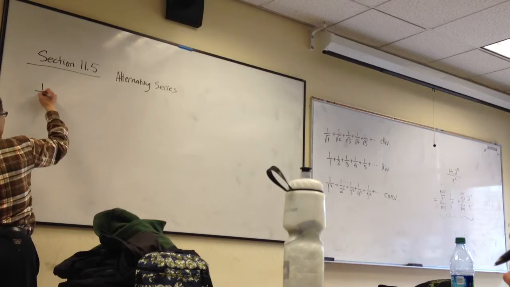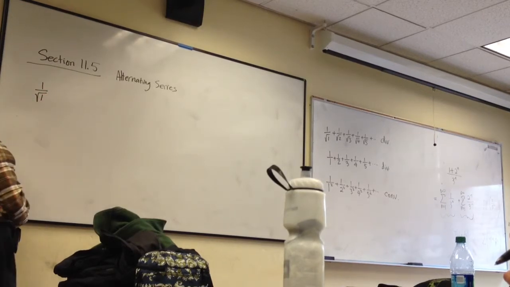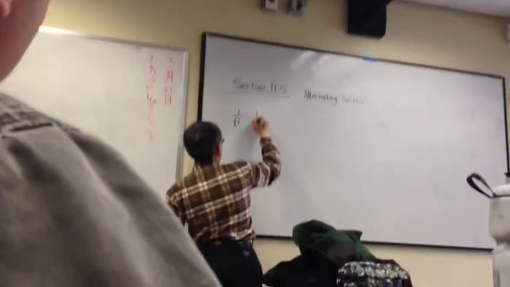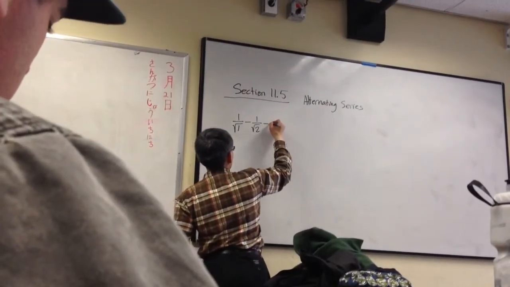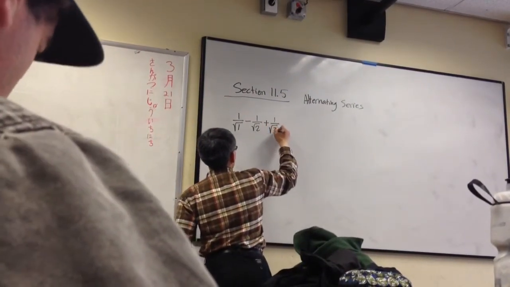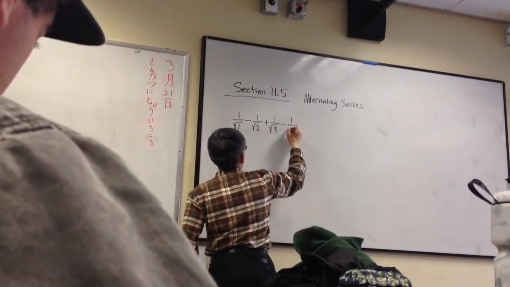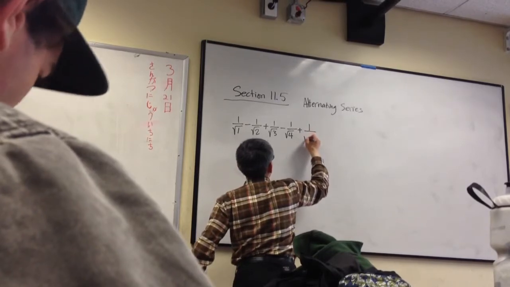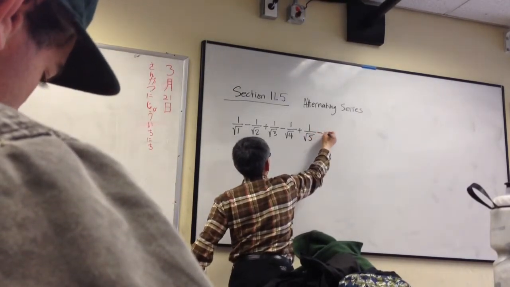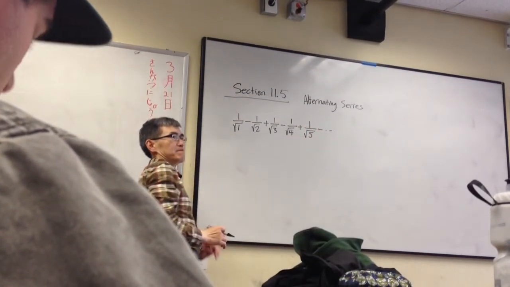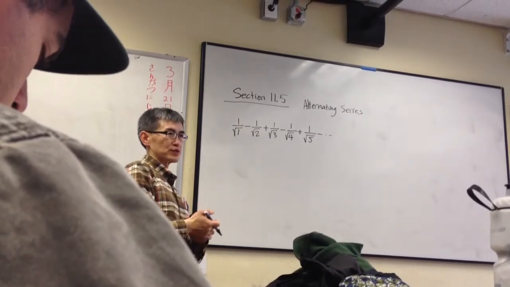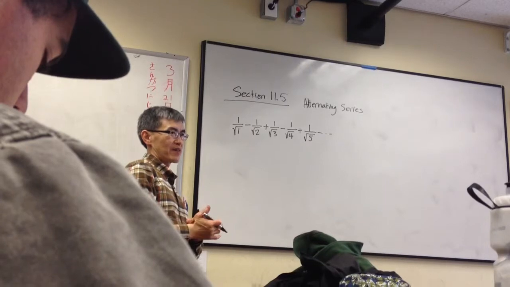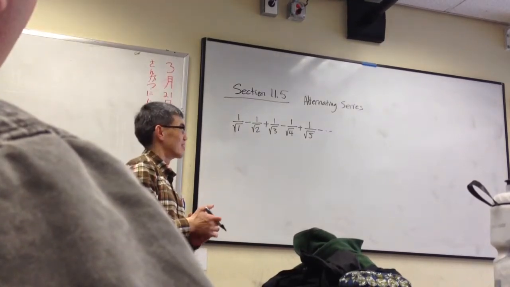I take that bad guy, the first one, and I'm going to alternate it, which means that I switch back and forth between positive and negative. Is this convergent or divergent? No idea.